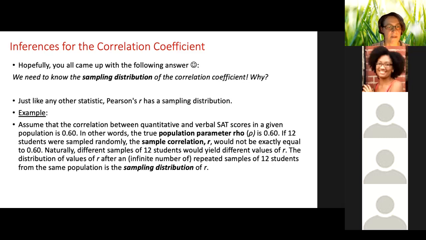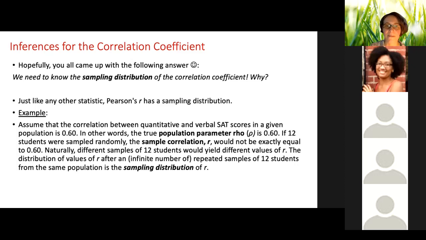So let's further assume we randomly sample 12 students from that population, and we calculate what the sample correlation r is for these students. It will never be exactly equal to 0.6, right? We might get all sorts of values for our sample correlation.